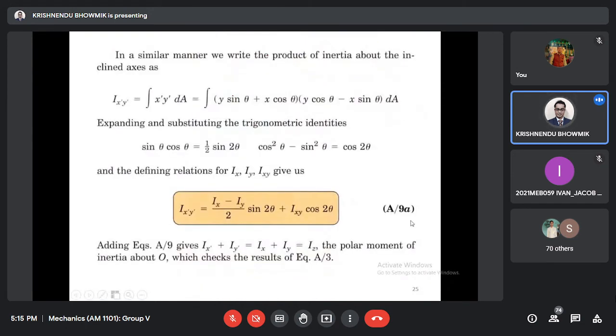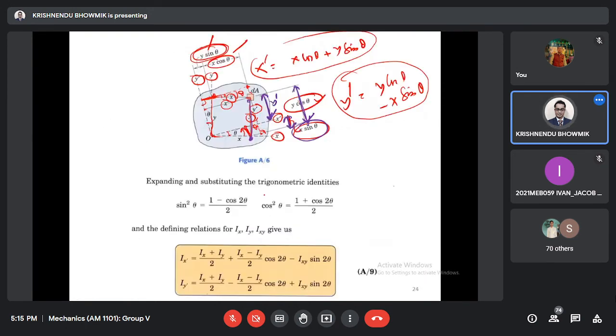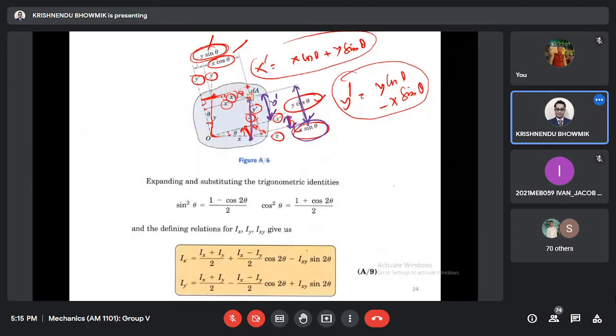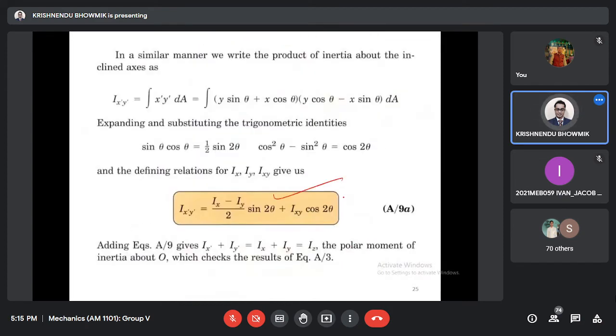So what I have shown from there, you can understand in a better way. This expression you already did, then these expressions. Then one thing you can check: Ix prime plus Iy prime equal to Ix plus Iy.